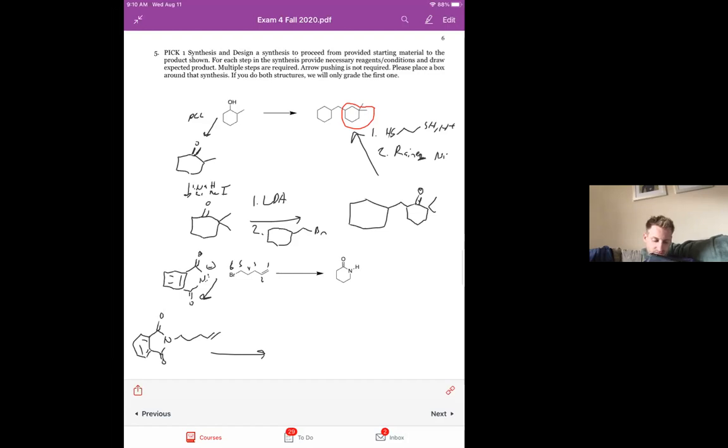So we need to make a carboxylic acid on the end, probably turn it into an acid chloride and let it close on its own. So to make our terminal oxygen, we want BH3 THF, NaOH, H peroxide here.